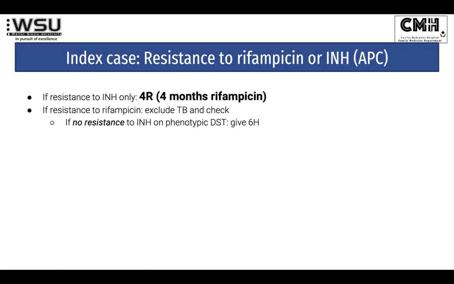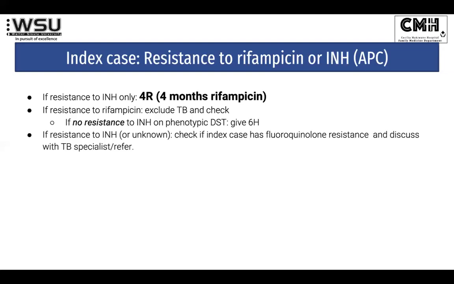If the patient's resistant to rifampicin, so GeneXpert positive RIF resistant, then you obviously have to exclude TB, and you have to double check what the index patient's actual LPA results were. If the index patient, so the person the child was exposed to, has got no resistance to INH, so they've got rifampicin monoresistance, then you can actually use the 6 months of INH as well.